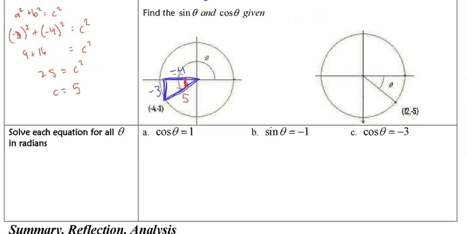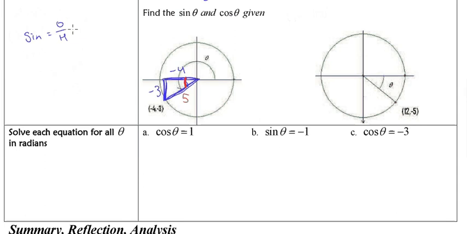Now here we are. What is our sine and cosine? So let me clear this space up again. So sine of theta, or sine, is opposite over hypotenuse, or over radius. And so our opposite side here from this angle is going to be our -3 over our hypotenuse of 5.